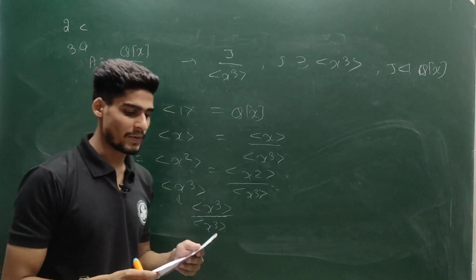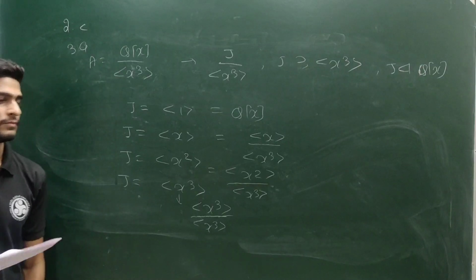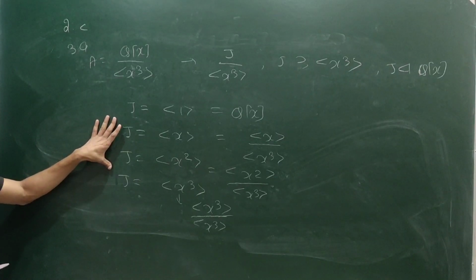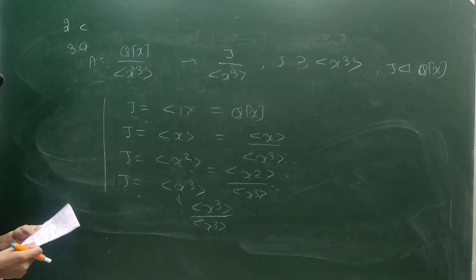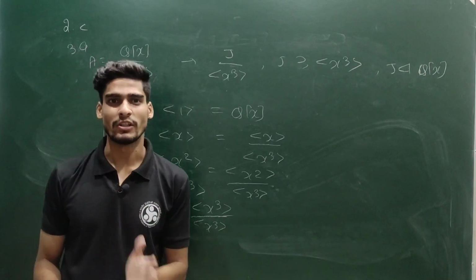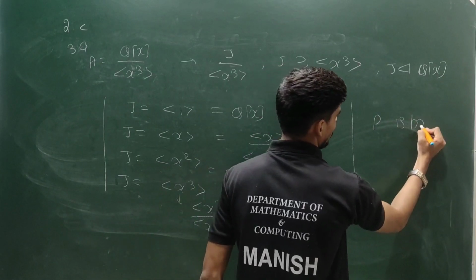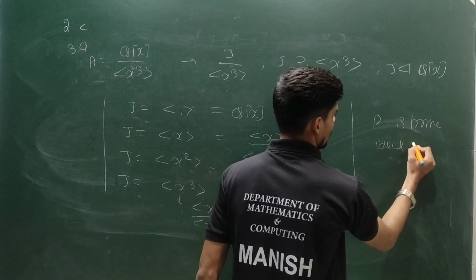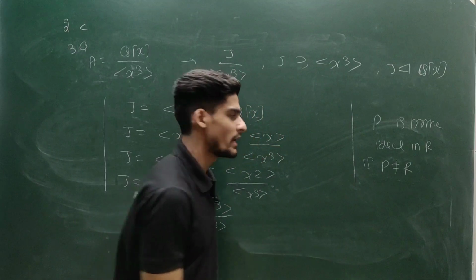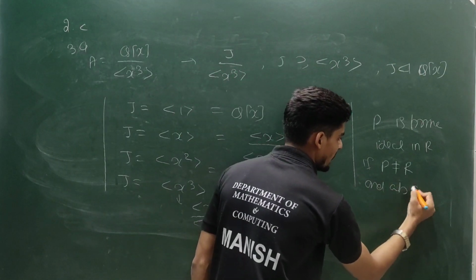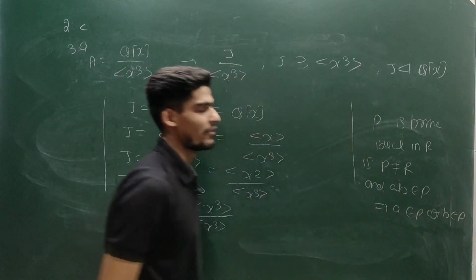There is only one prime ideal in A. What can you say about this? These four are the choices, so there are four ideals, and for prime ideals we always look at the proper ideals, because when you give the definition of a prime ideal, you write that P is a prime ideal in R if first of all P should not be equal to R, and whenever ab is in P, this should imply either a is in P or b is in P. This is the definition of a prime ideal.